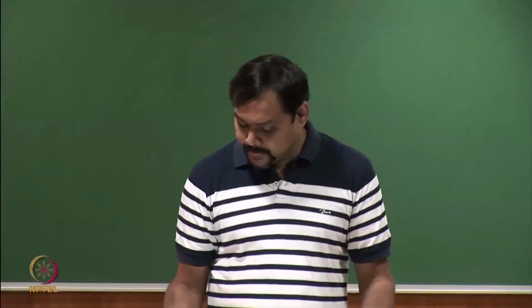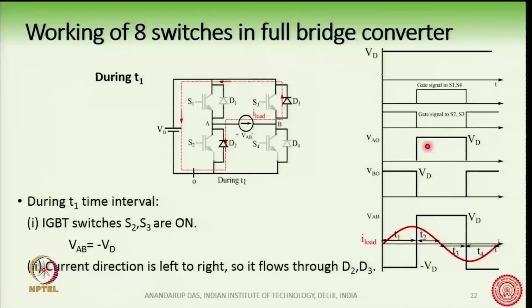For example, there is a VAO voltage which is VD, and then there is a VBO voltage shown here, and it depends on how we have applied the gate signals. In this case, the gate signal S1 and S4 is applied, so VAO voltage becomes VD here, and the gate signal to S2, if you apply here, it becomes VBO like this.